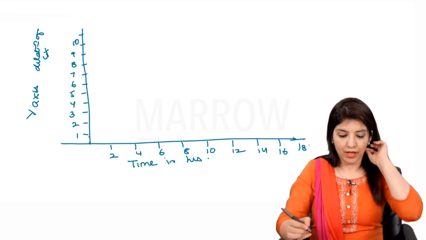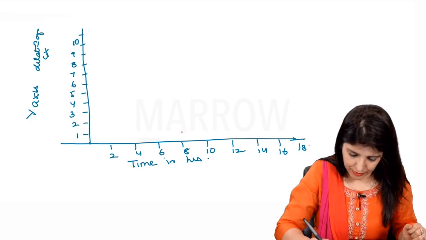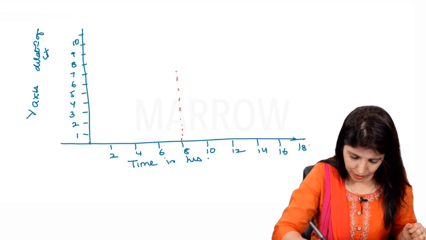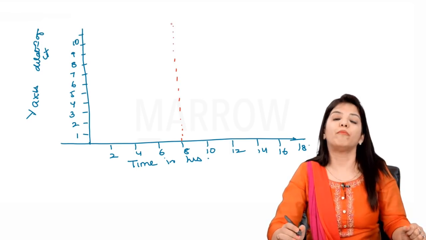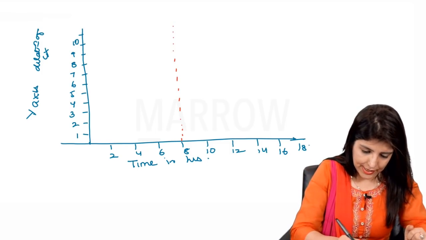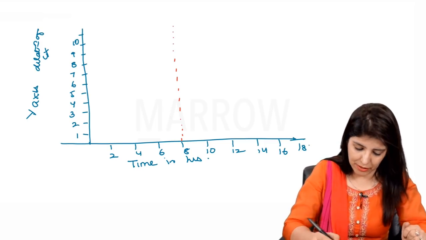Now, Freedman said that latent phase will be prolonged if it is more than 8 hours, right? So from 8 hours, draw a dotted line up. And he said that active phase begins at 3 centimeters.